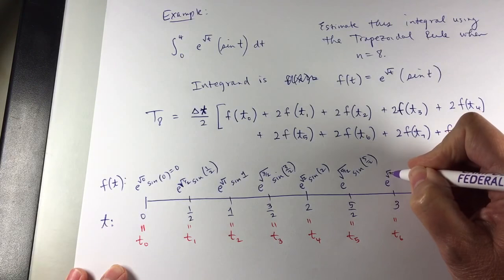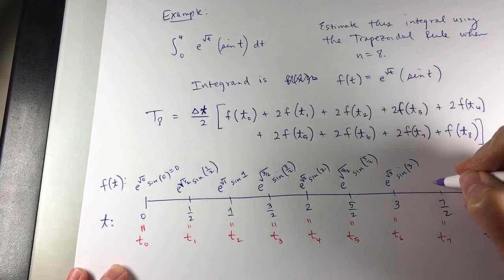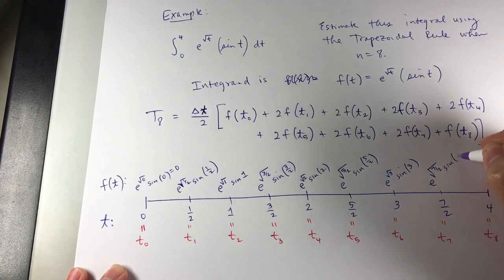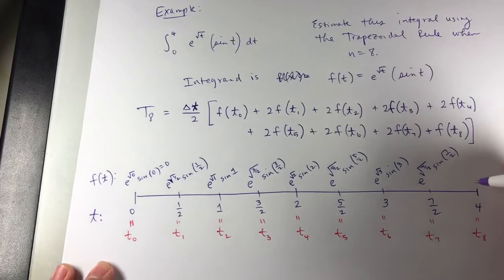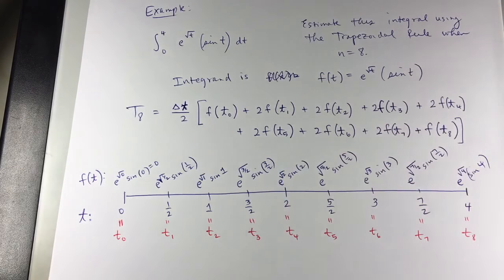E to the square root of 3 times the sine of 3. E to the square root of 7/2 times the sine of 7/2. And then e to the square root of 4 times the sine of 4. In fact, square root of 4, that's 2, so e squared times the sine of 4.